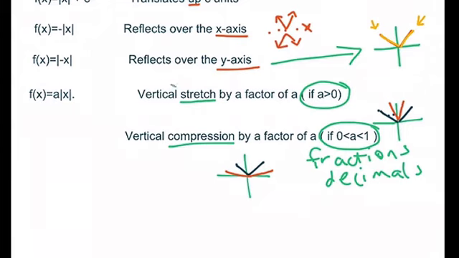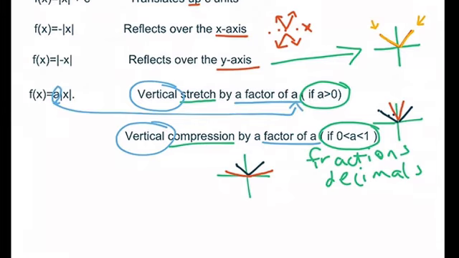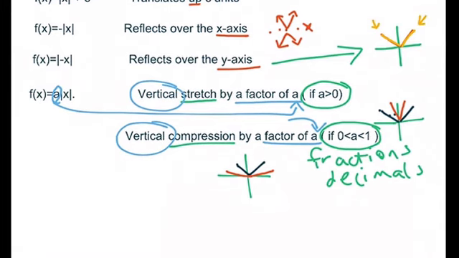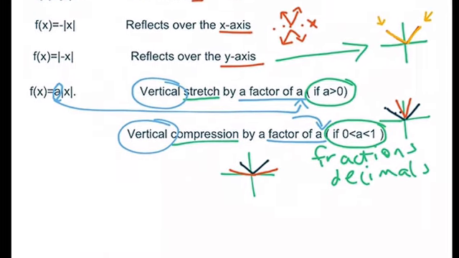Now, it is very important you keep the word vertical in front of these when you describe them. And notice that both of these are by a factor of a. a is this number right here, so whatever that number is, you are going to plug it in by a factor of this number.